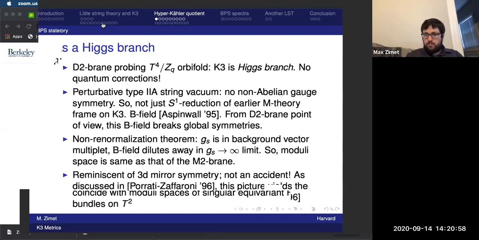Here we see this whole non-abelian global symmetry associated to all the singular fibers in F theory, whereas here we're just seeing its maximal torus because the discrete B field broke it down. And yet, nevertheless, their moduli spaces agree. So that ought to sound very similar to 3D mirror symmetry, and that's not an accident. This same picture that we're using here can be used to yield the simplest mirror pairs that were studied by Intriligator and Seiberg in the original 3D mirror paper.